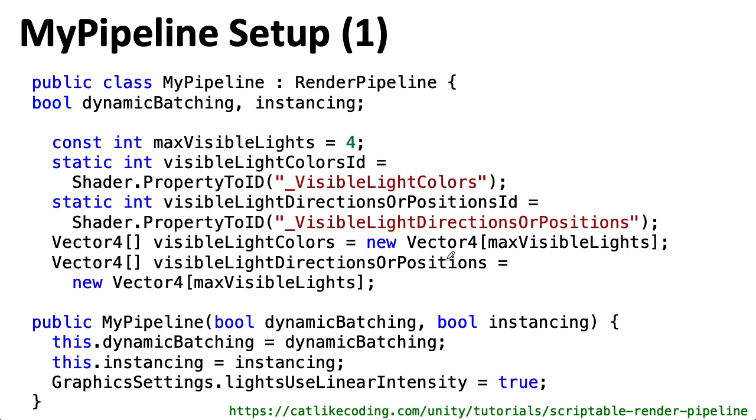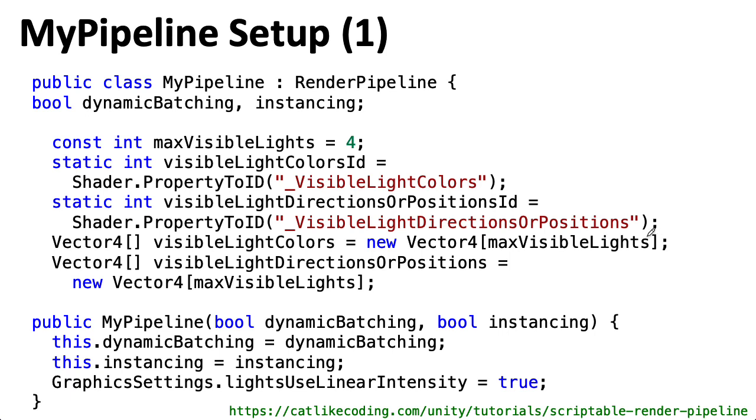Now, in some of the code that we looked at previously, we referred to variables in the shader code and set them by string, but that's not very efficient. So here we're using this PropertyToID method in the Shader class that takes the string and spits back a number, and we can use that number to efficiently assign the variables.